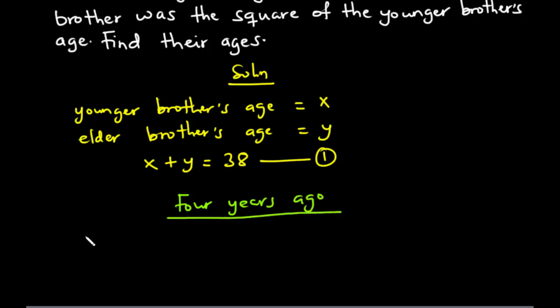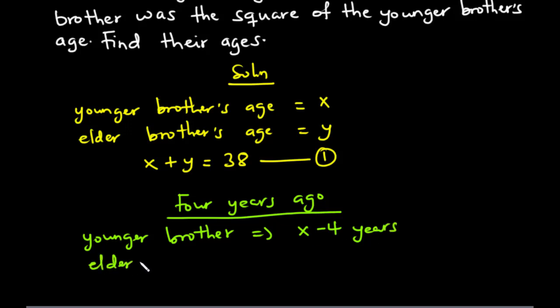So 4 years ago, the younger brother was x minus 4 years, and the elder brother was y minus 4 years.